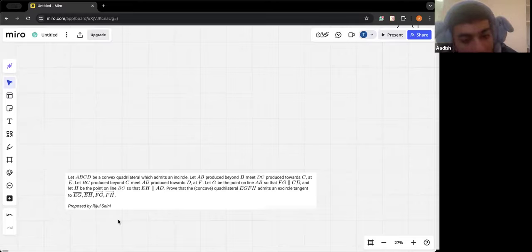Okay. H is the point such that EH is parallel to. Wait, what? Wait, am I doing something wrong? Okay, the problem has weird asymmetries involved, which is fine.